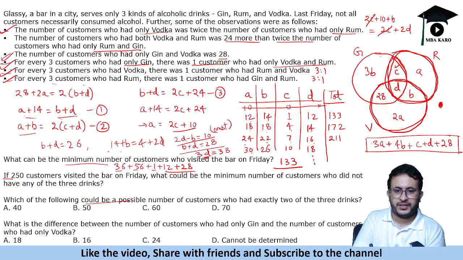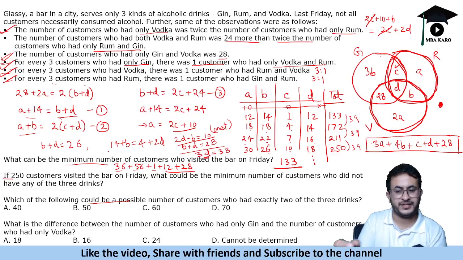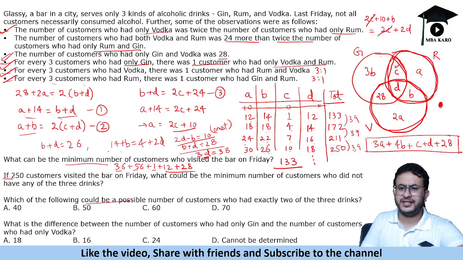Okay. 90, 104, 194, 194 plus 28, 222 plus 28, 250. So we see that there is an increase of 39 in each of the subsequent cases. Okay, that is what we are noticing, the increase.